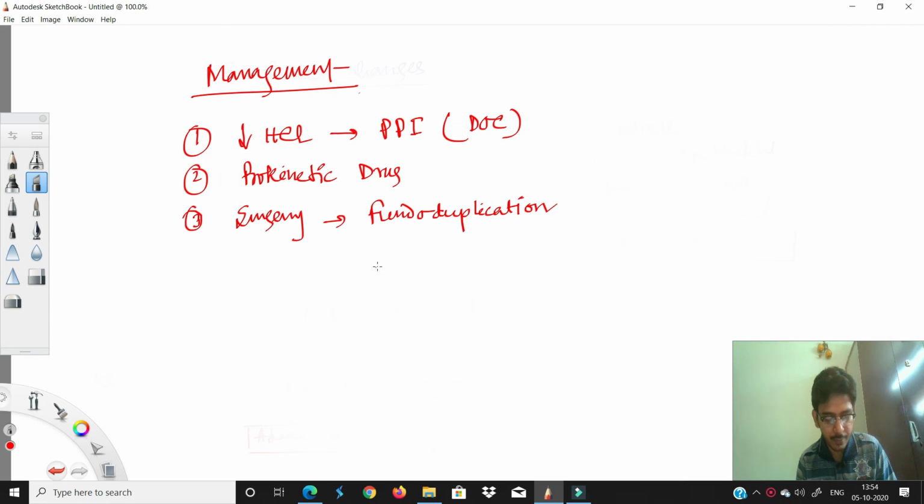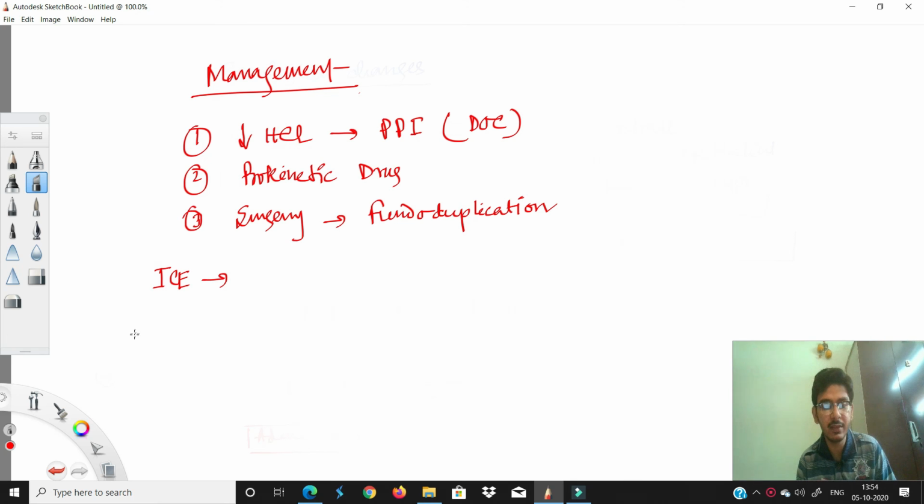And investigation of choice: how you can identify that Barrett esophagus is occurring.